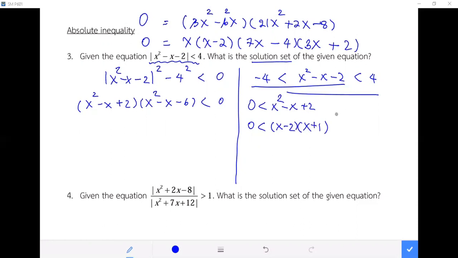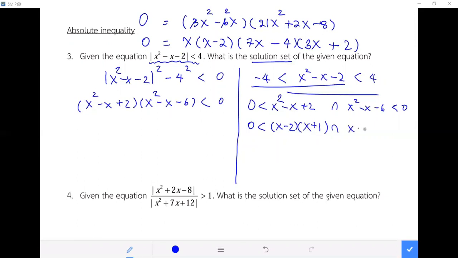And this one intersects with group 2. It's x squared minus x, and then minus 4, no, minus 6. It's not much different from that one.